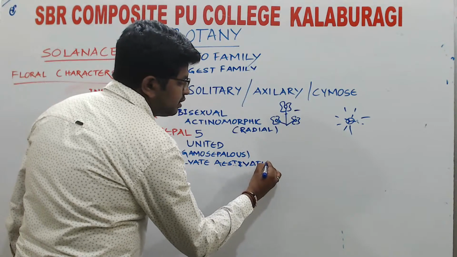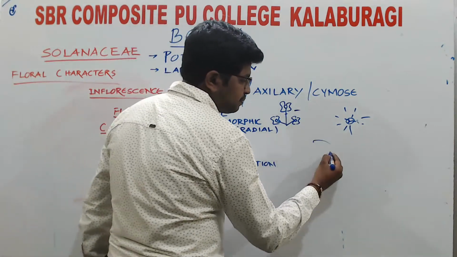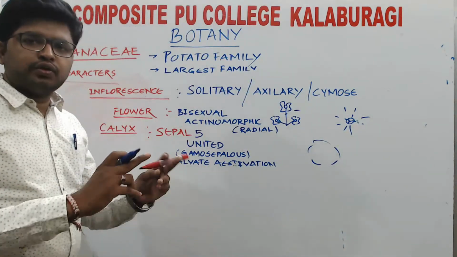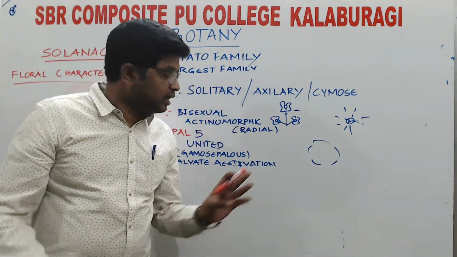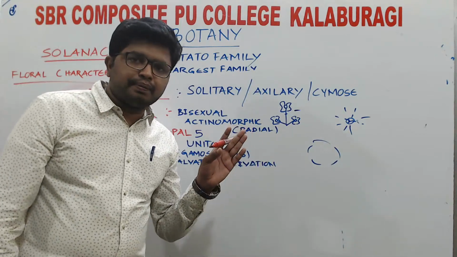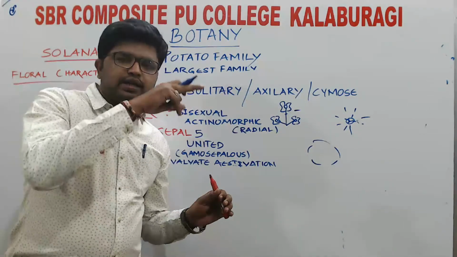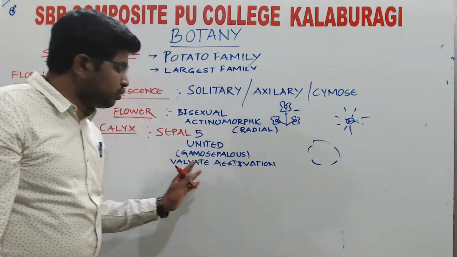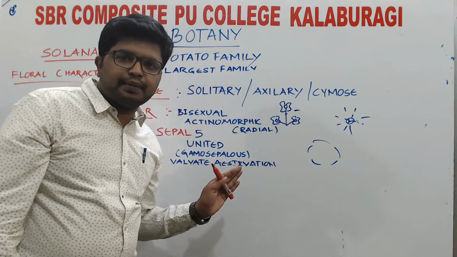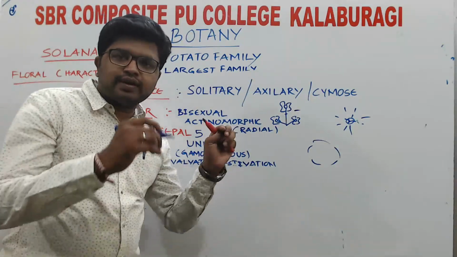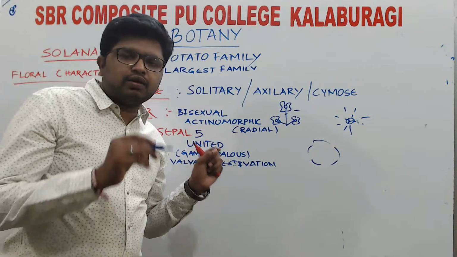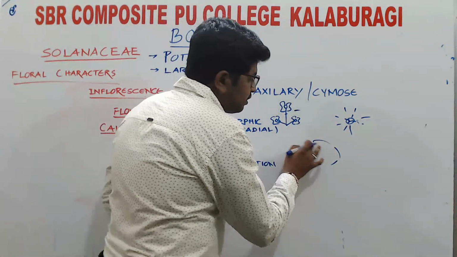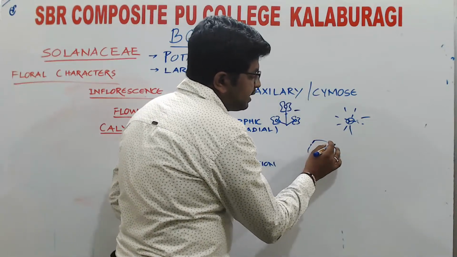The arrangement of the petals and sepals on the floral bud we call estivation. Valvate, twisted, imbricate, we have studied. In valvate, the margins of the sepals or petals just touch each other, but they never overlap.